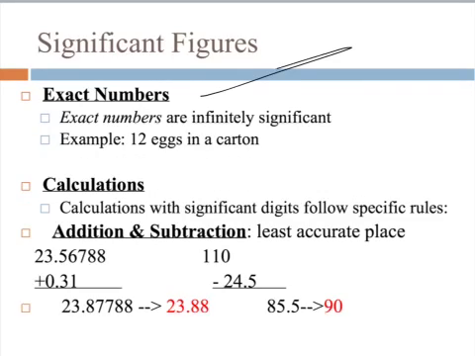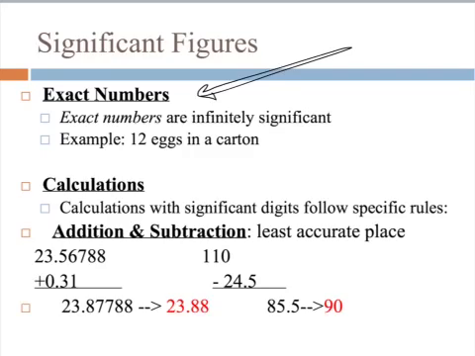Exact numbers are numbers that are counted. So if I put 12 eggs on a table and I say, tell me how many eggs there are, you would count to tell me that there are 12. If at any point you notice that in lab you're using counting as a way to record a measurement, then there's a specific sig fig rule for this.